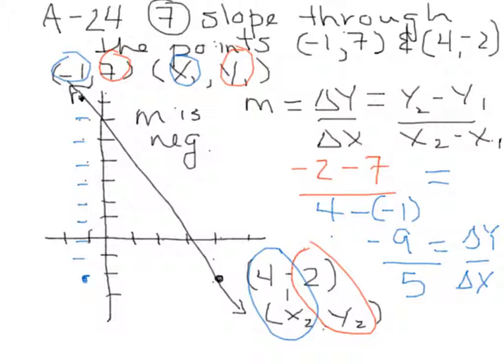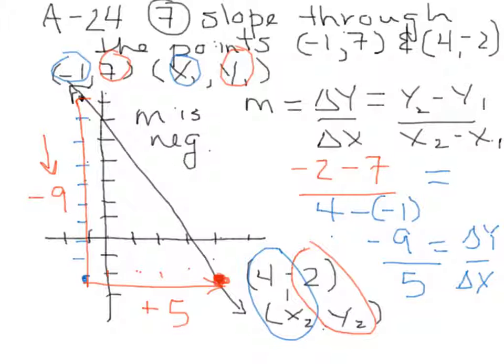And then my change in the x direction here is positive 5, so that's 1, 2, 3, 4, 5, and sure enough, I end up right there, and my slope then was down 9 and over 5 positive. There you go.